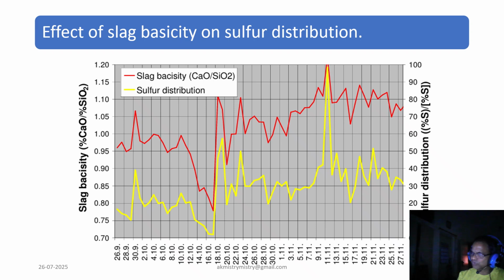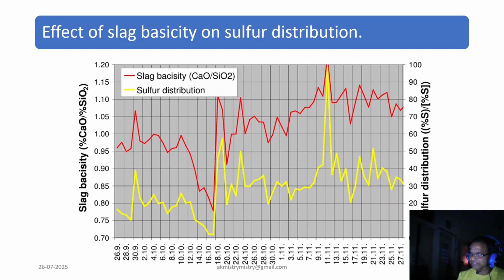So higher limestone load raises slag basicity, as purposely we are adding limestone. This is expressed as the CaO by SiO2 ratio, where by adding limestone we increase the CaO component, and eventually it helps in achieving higher basicity of slag.